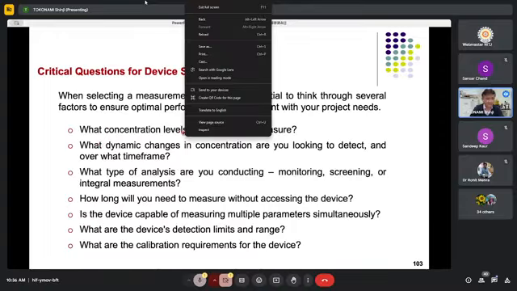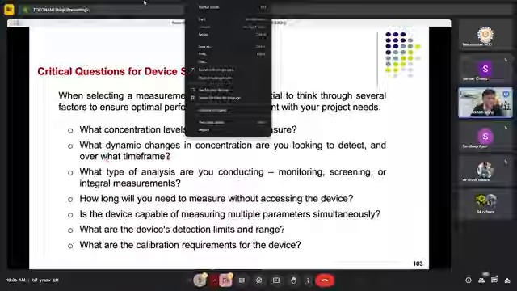What concentration levels do you need to measure? What dynamic changes in concentration are you looking to detect, and over what time frame?